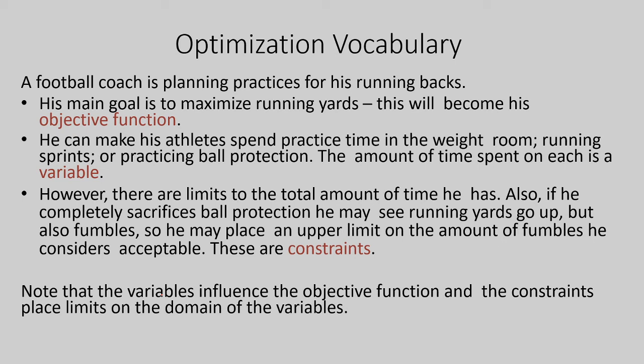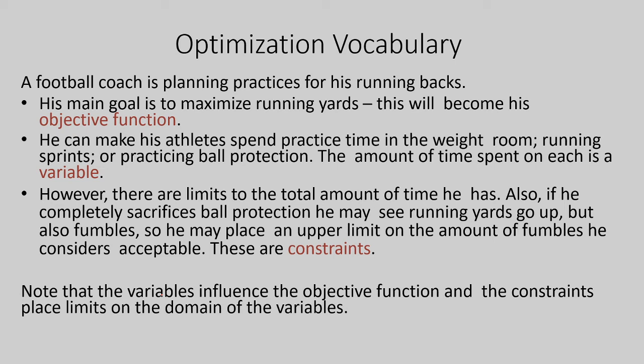The amount of time spent on each is a variable. So the amount of time spent on the different events, running practices, sprints, and practicing ball protection, is called the variables, right? And the third element: there are limits to the total amount of time he has.